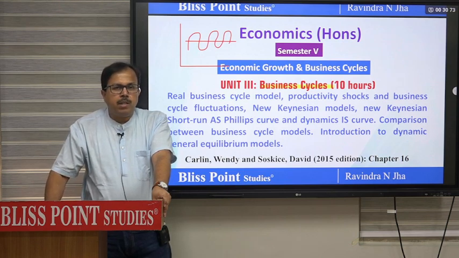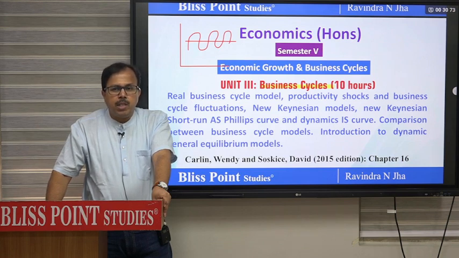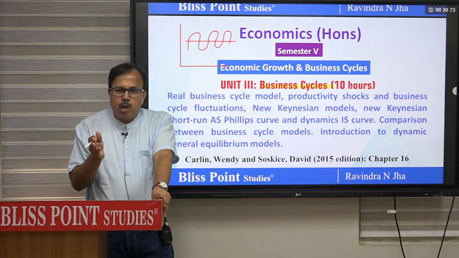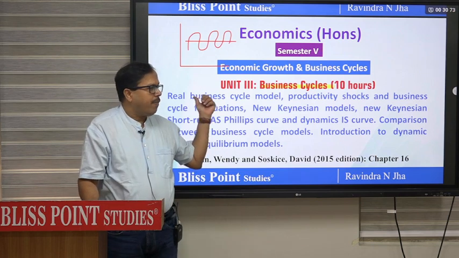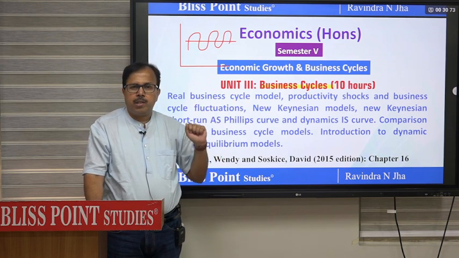What is the meaning of real factors? Real factors like technology, employment. And what are nominal factors? Nominal factors like money. If there is a change in money, it will not affect the output in the classical model. So according to the classical model, output is fluctuating due to change in the real factors, due to change in productivity.